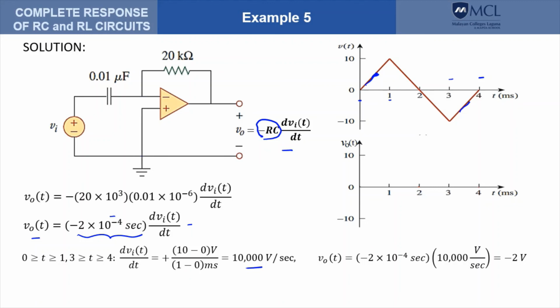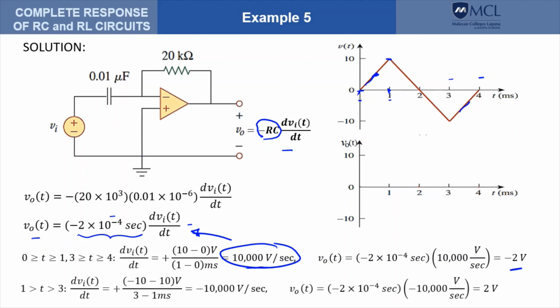So the rise here is 10 minus 0 divided by the run, which is 1 minus 0, and that should give us 10,000 volts per second. Then applying this here, that should give us an output which is negative 2 volts.